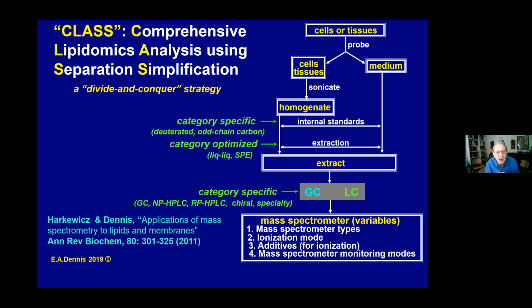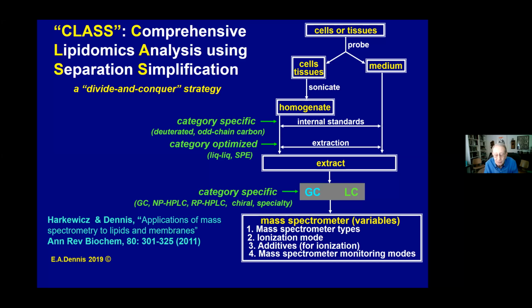That stands for Comprehensive Lipidomics Analysis Using Separation Simplification, a so-called divide and conquer strategy whereby the specific protocol and methods depend on the category of lipids one is analyzing. And all the previous speakers today really spoke to details of how one does it for a particular category or one or more categories of lipids.